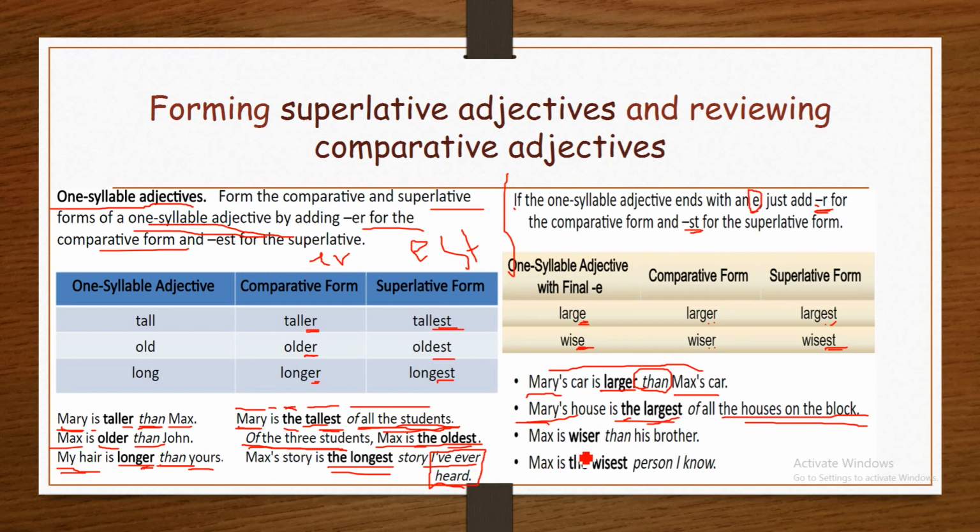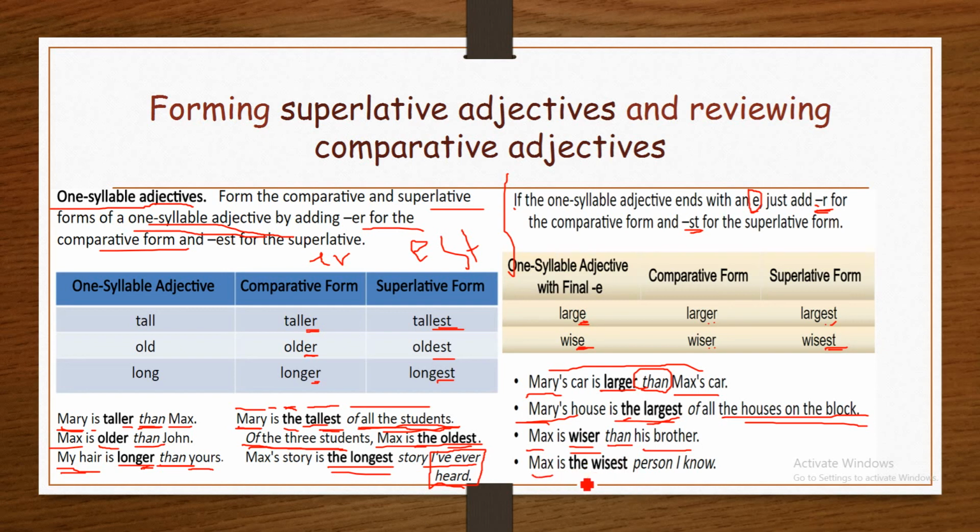Max is wiser than his brother. Max and his brother, we have two nouns, two objects. They are compared by a comparative adjective, wiser, and we have than in the sentence. We can recognize easily that it is a comparative form.